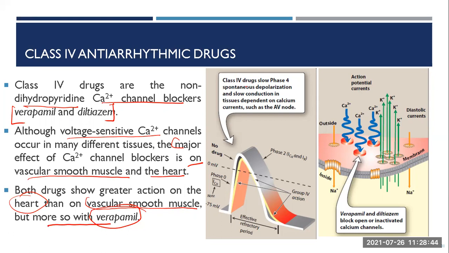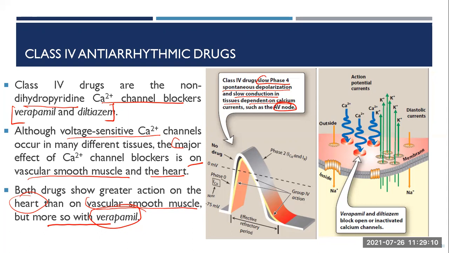So what do class 4 drugs do? They slow the phase 4 spontaneous depolarization, and they also slow conduction in tissues which are dependent on calcium currents, such as the AV node. Okay, so at the AV node, action potential generation is dependent on calcium.